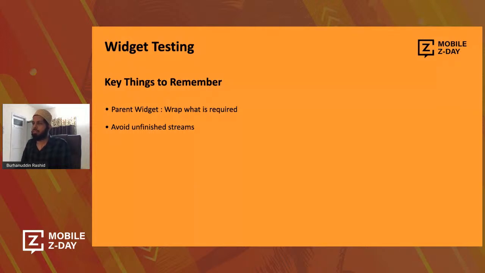If you provide an unfinished stream, the test will wait for your stream to get completed, and it will be stuck forever. And use the find widget API to match your UI. Basically, find one widget, find 2 widgets, and find nothing like that. And you need to understand the difference between fake and mock, when you want to use a fake and when you want to use mock while using widget testing.